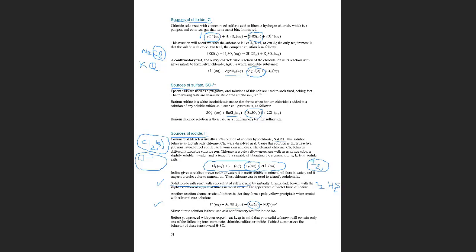So if we see that, that can be a confirmatory test for iodide ion, because if we add silver nitrate, we are going to obtain a pale yellow precipitate. Any questions so far?